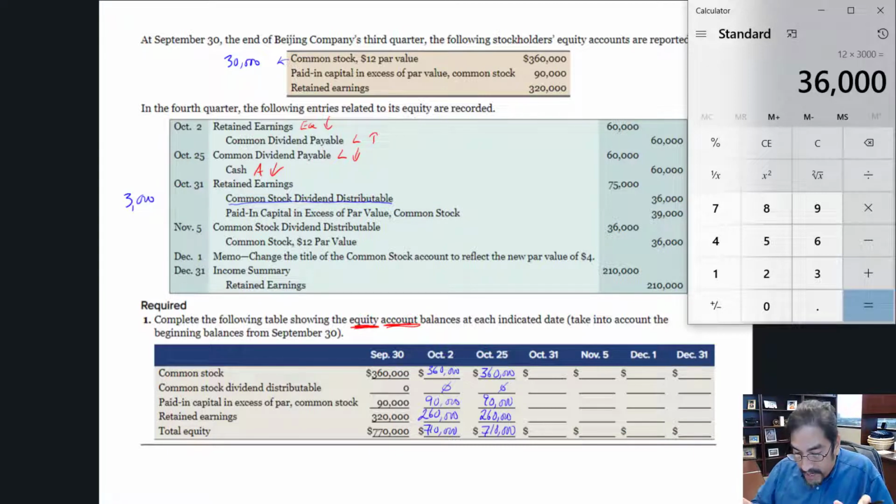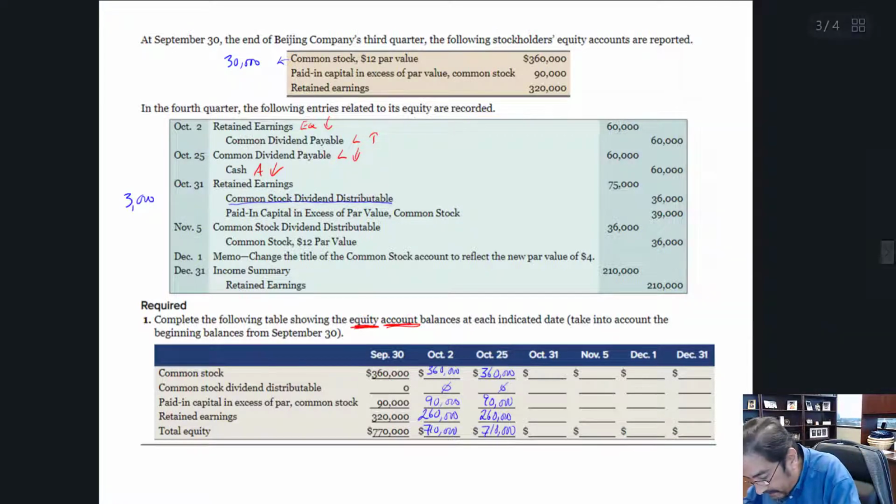All three of those are equity accounts. So we are going to debit retained earnings for $75,000. That is a decrease. So retained earnings is sitting at $260,000 on the 25th. We're going to reduce it by $75,000, so now it's going to be at $185,000.